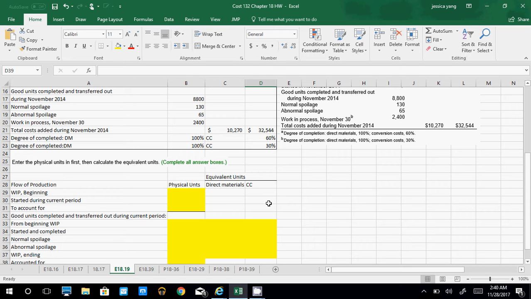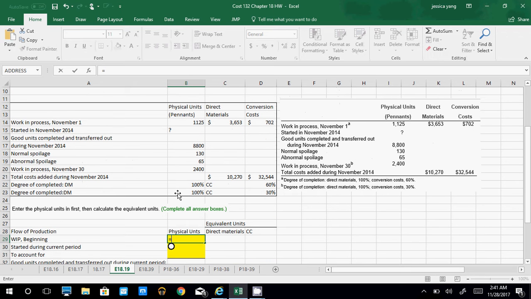For the physical units, we'll start with work in process beginning, a total of 1,125 units for work in process on November 1st.